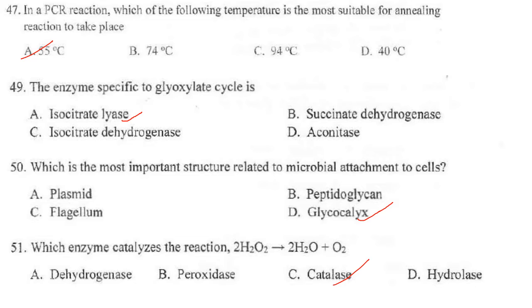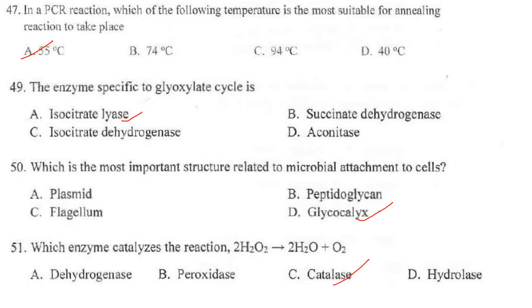So next question. In PCR reaction, which of the following temperature is the most suitable for annealing reaction to take place? It is 55 degrees. The others are not. Okay, so now usually it is 55 degrees. Answer is option A, 55 degrees. Okay, the enzyme specific to glyoxylate cycle is.